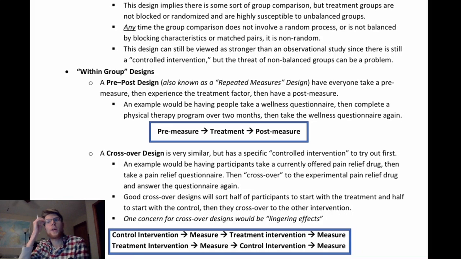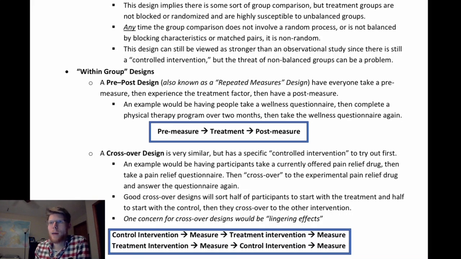I actually remember when I went to a physical therapist, I filled out a form right before my first appointment where I identified my pain and the level of pain and my abilities for different things. And then after my last visit, I filled out the exact same form again. So that's a form of a pre-post measure to see if there's been progress.